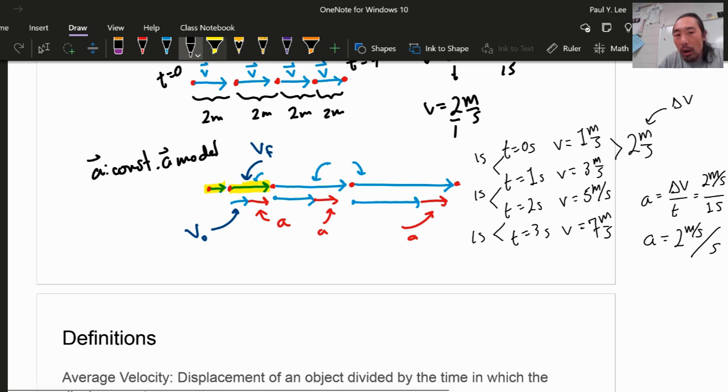So if I were to compare our initial velocity of 1 meter per second to our final velocity of 7 meters per second, we can say that our object did in fact speed up at a rate of 2 meters per second for every second. So that's the idea behind acceleration. Acceleration does not tell you the motion of the object, because that's velocity. Acceleration just tells you how much that motion is changing. All right?